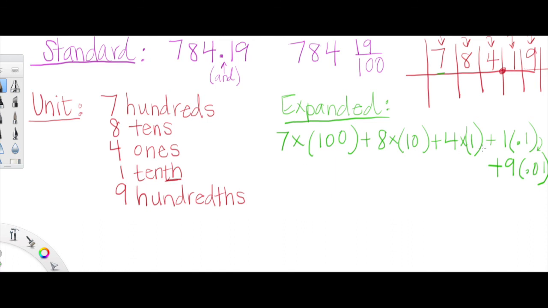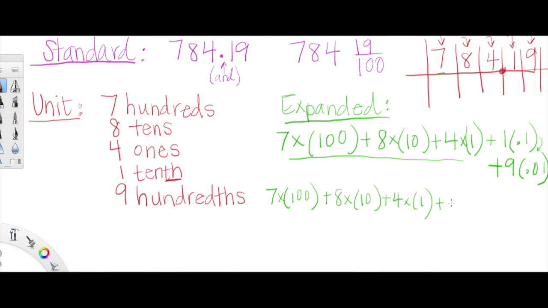We can also write expanded form using fractions. So this part is going to look exactly the same. It is 7 copies of 100 plus 8 copies of 10 plus 4 copies of 1. And here's where things are going to look a little bit different.